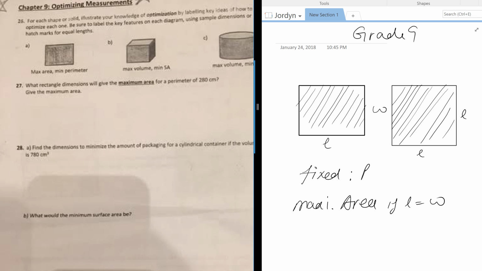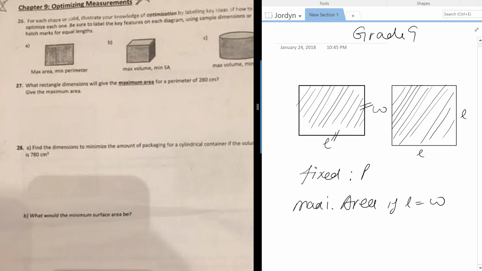So in order to maximize area, you make L and W equal, right? And we use hatch marks for equal length, so we have to show that it's going to be maximum if this side equals that side.